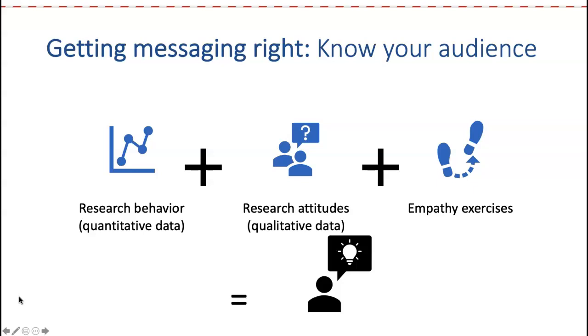Once we've looked at some research, whether it's Mintel, Statista, Office of National Statistics, journal articles, we can then start to do some empathy exercises and use our creative skills to draw a picture of our ideal audience so we can bring them to life and relate to them like a real person.